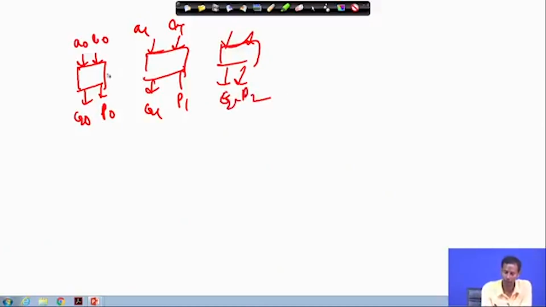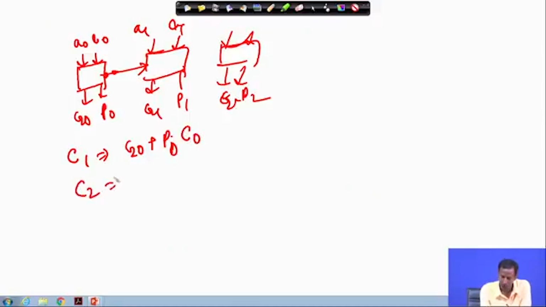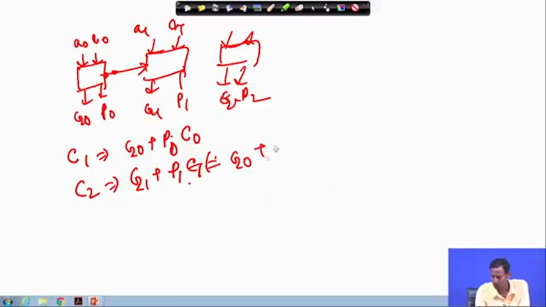Now, the carry at this particular stage: for C1 I need G0 plus P0 into C0. For C2 it will be G1 plus P1 into C1. P1 into C1 means again this will be replaced by G0 plus P0 into C0.